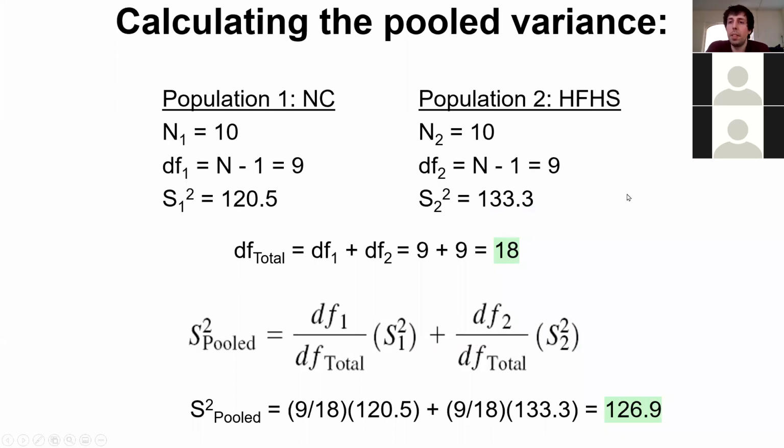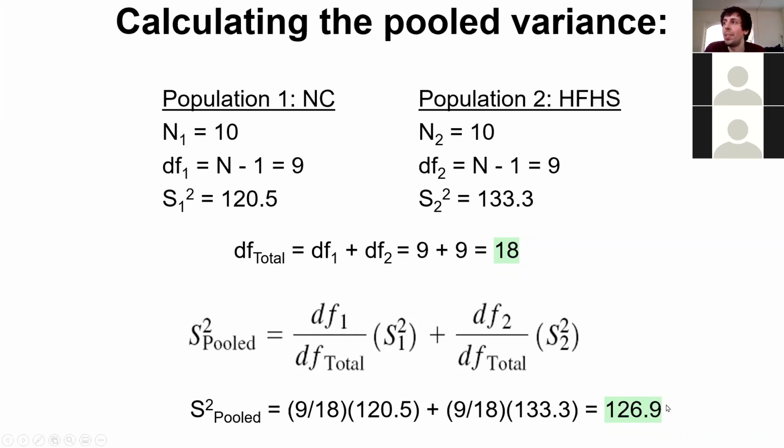So here's an example of the calculation of the pooled variance, where if you imagine you have two groups with the same sample size, you have a total of 18 degrees of freedom. And if you were to plug in all the information for the pooled estimate of the population variance, you would get 126.9.